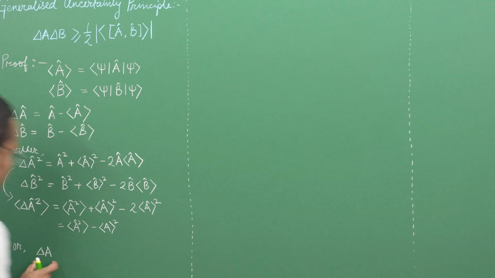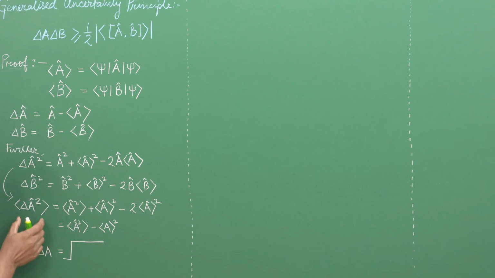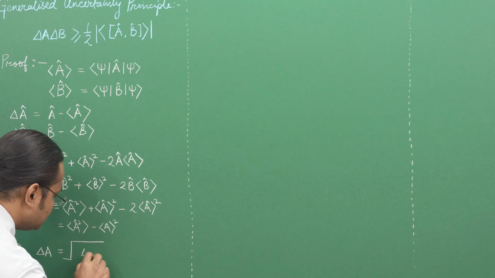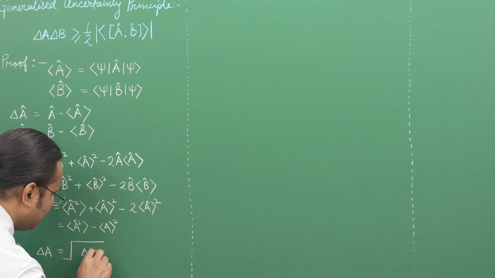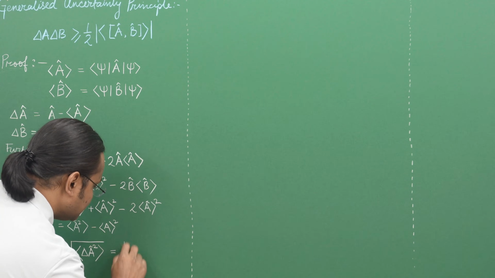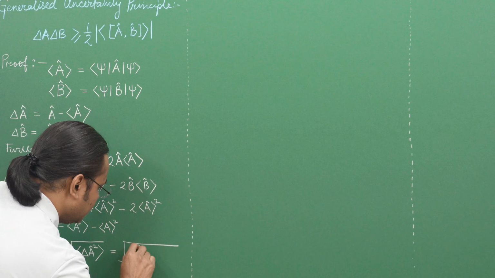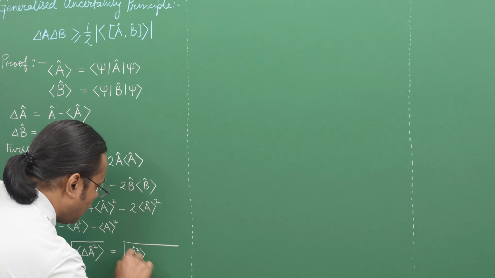So the actual uncertainty is given by the square root of this particular quantity, which is the expectation value of del A squared. And if I write it here, this will give you the very famous expression for the uncertainty of any physical quantity that can be measured using their operators.